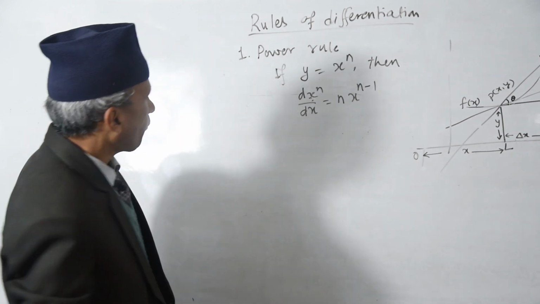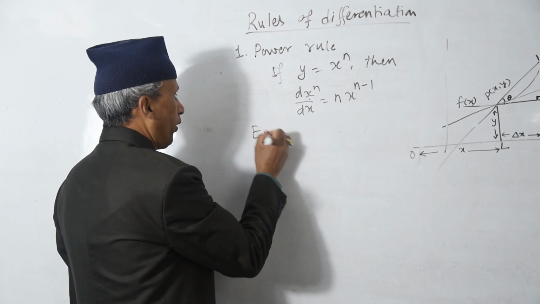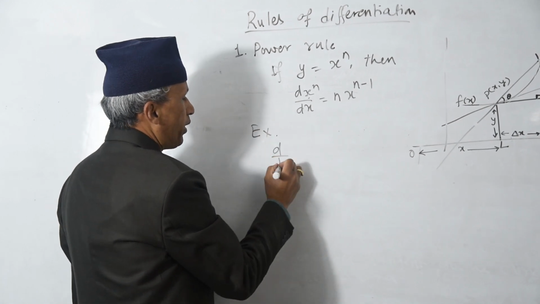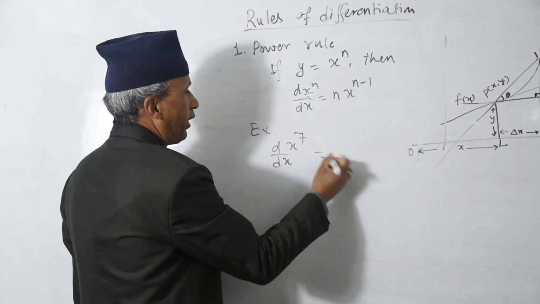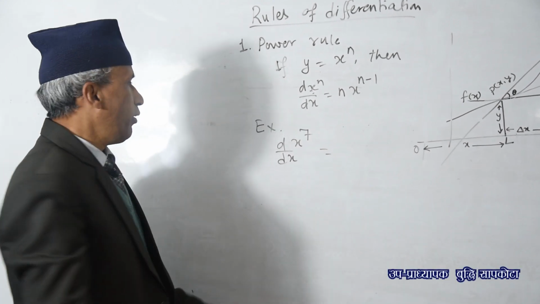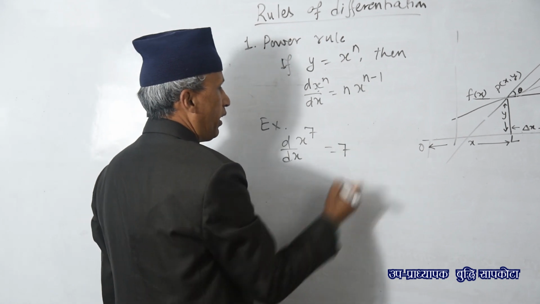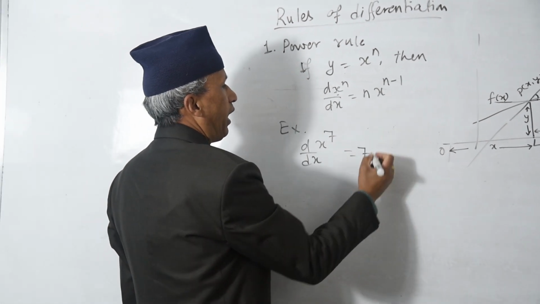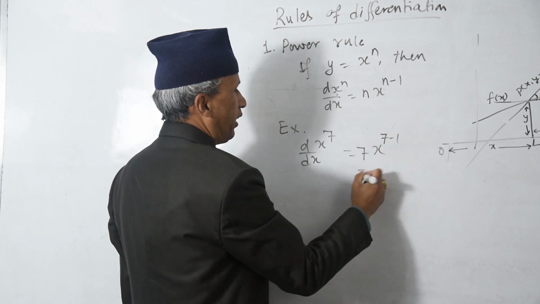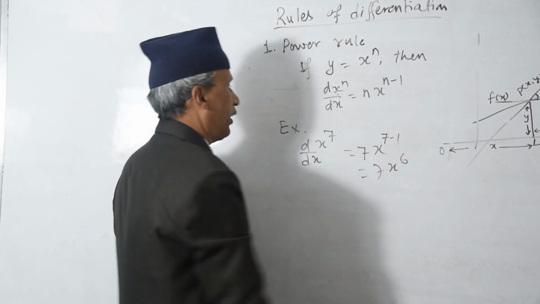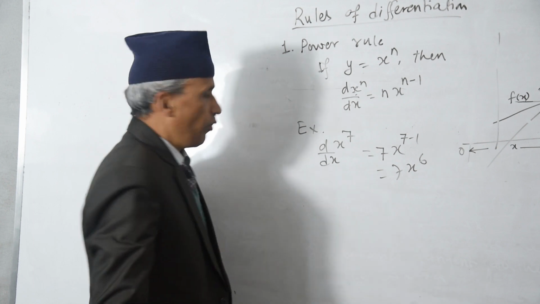For example, the derivative of x to the power 7 is equal to, what will be the value? 7 x to the power 7 minus 1, this is 7 x to the power 6, okay. So this is the value, very simple.